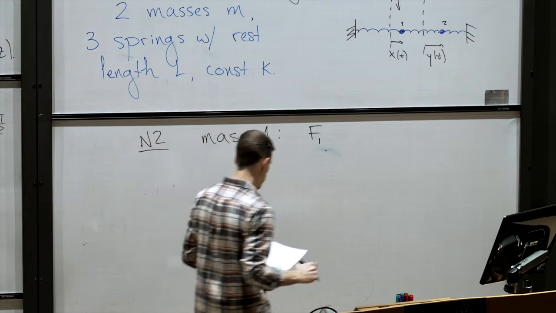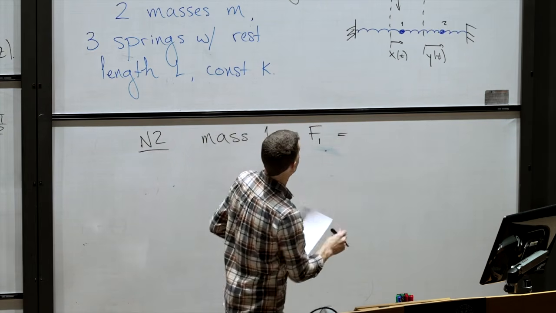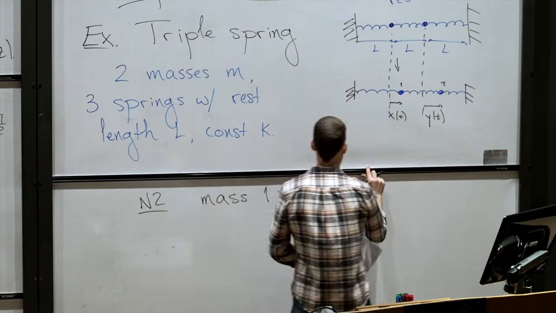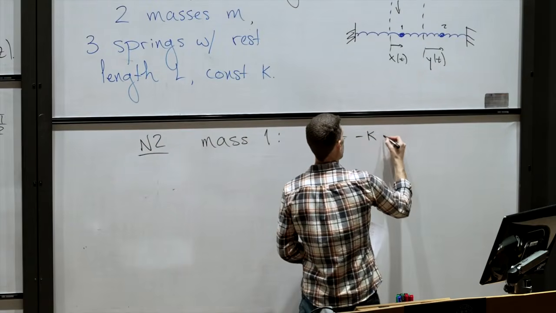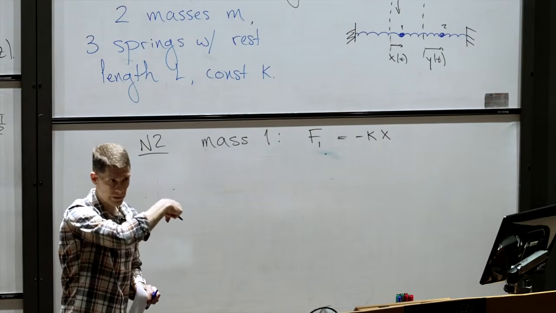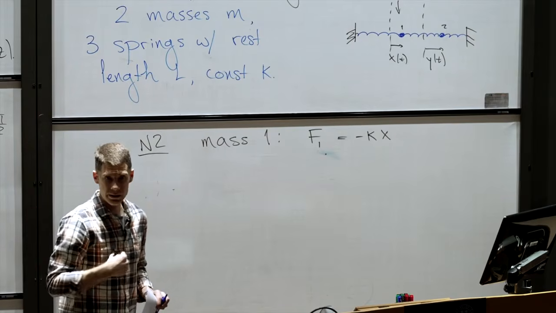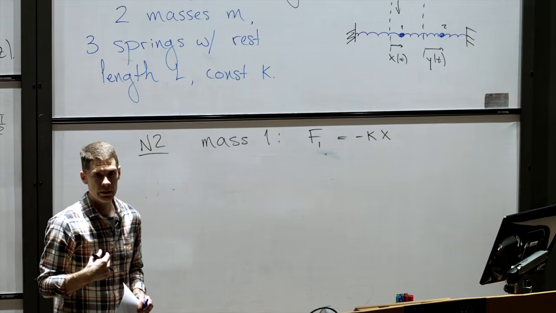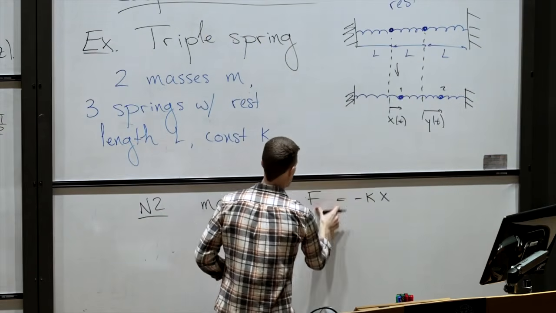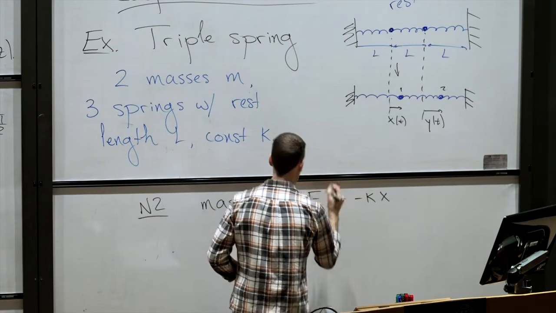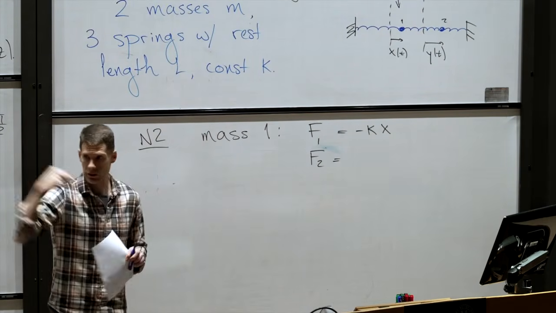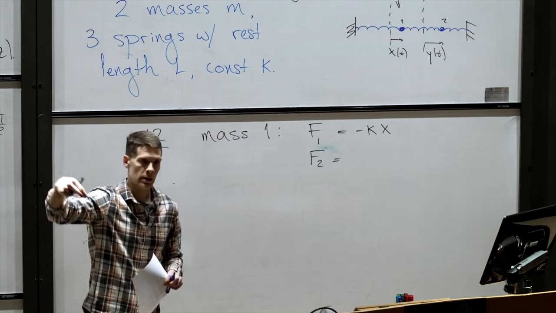So I'll call this force F1, which is the force of that spring on that mass, which is minus kx, which is to say if x is positive, the spring to the left of that mass pulls it back, so a minus. I have a force F2, which is the spring to the right of mass 1 pulling on it.